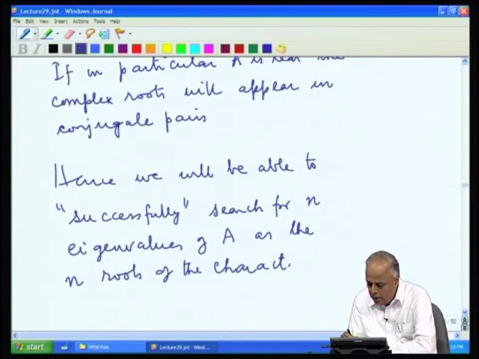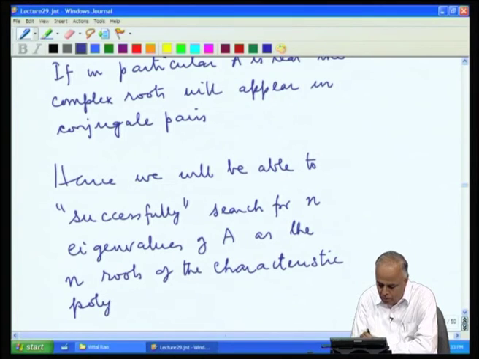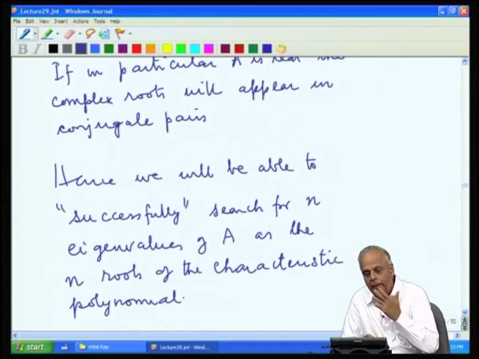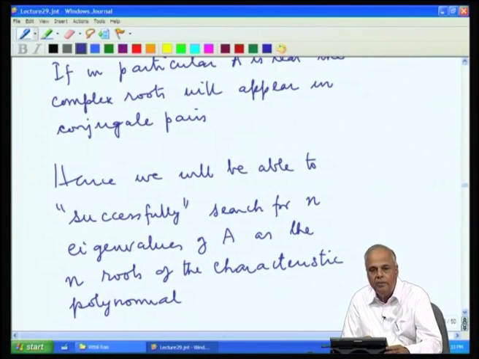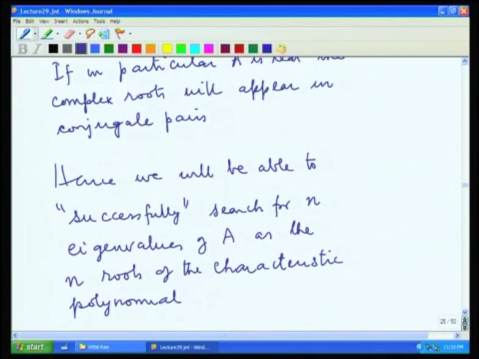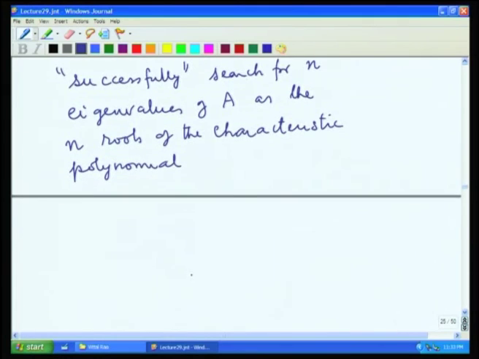And I assert and I repeat that these n roots could be complex also. If A is complex, the n roots can be complex, and if A is real, still the n roots can be complex, but whenever a complex root appears as a root, its conjugate must also appear as a root.